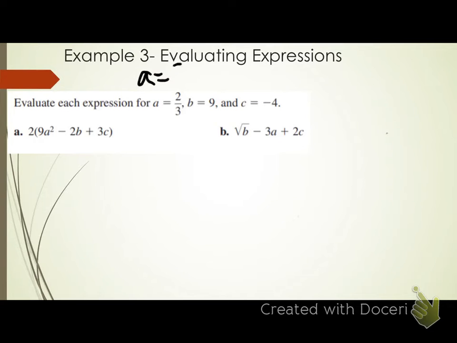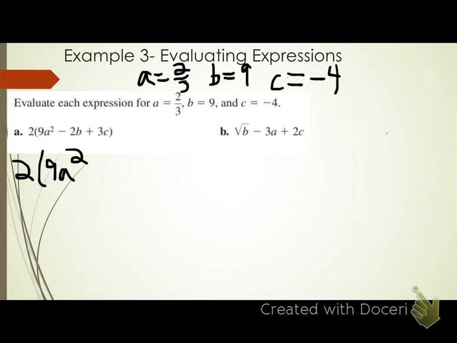So here we have a equals 2/3, b equals 9, c equals negative 4. And then I have 2 times 9a squared minus 2b, or not 2b.